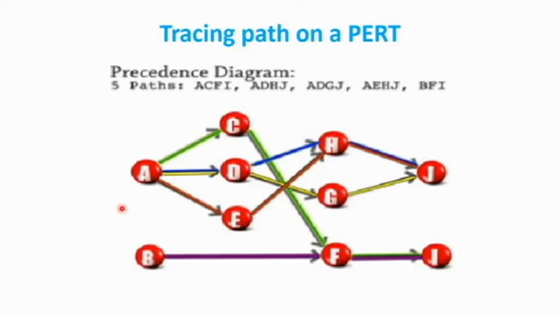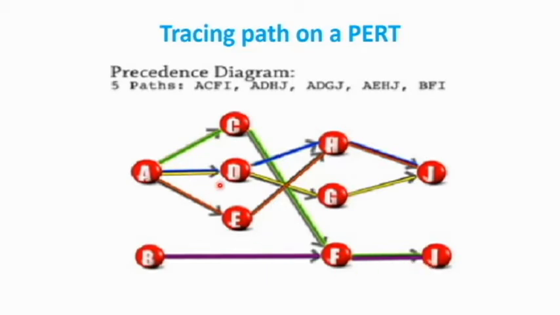For example, the green arrows show a path of the PERT, which are A, C, F, and I. That is path 1 that has been traced.